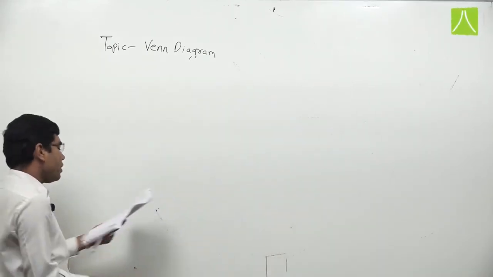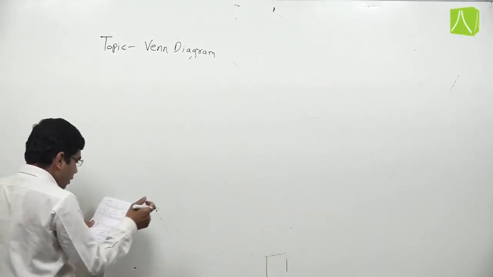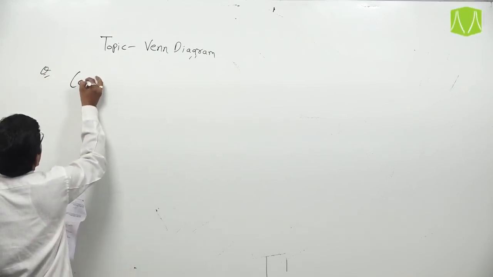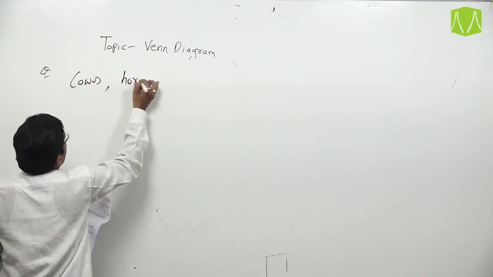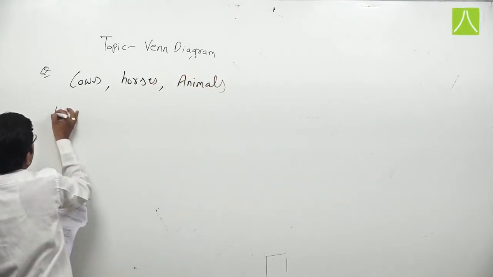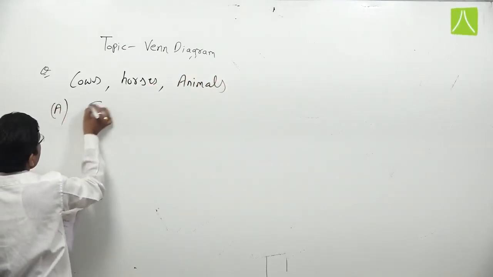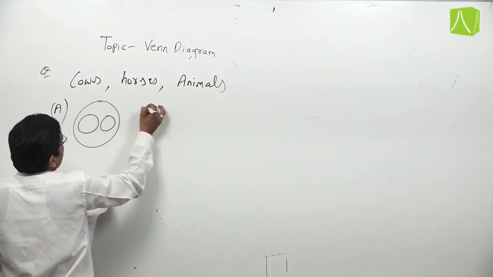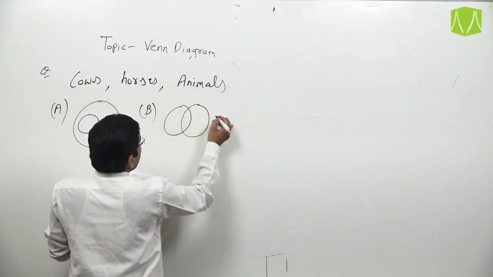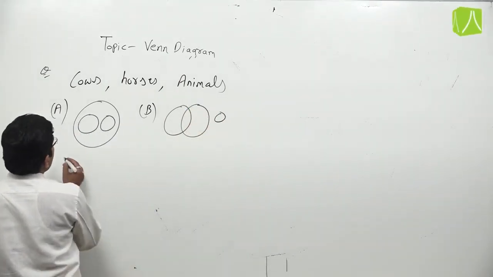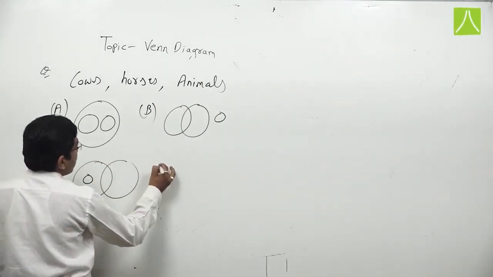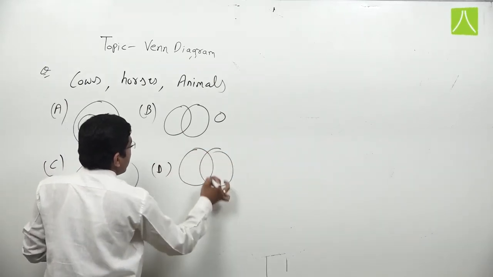Now take some more examples for practice. Suppose we have to represent the Venn diagram for cows, horses and animals, and our options are: first option is this, second option is this, third option is like this, and fourth option is like this.